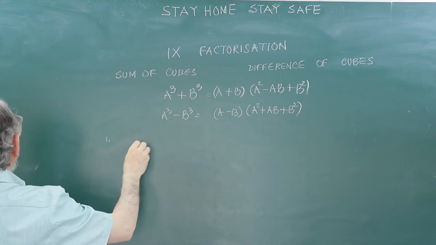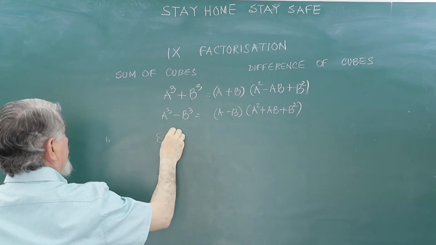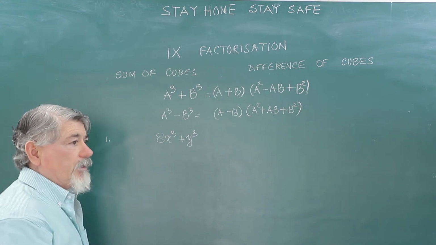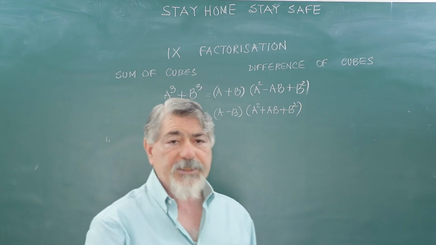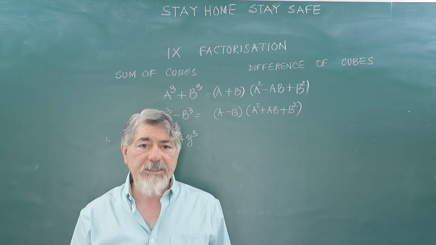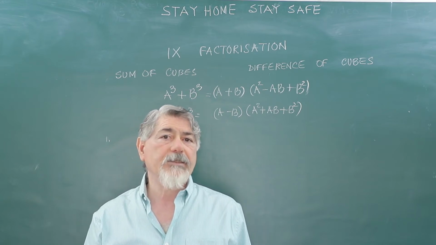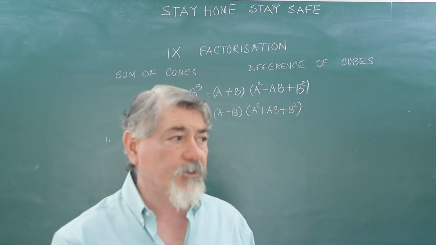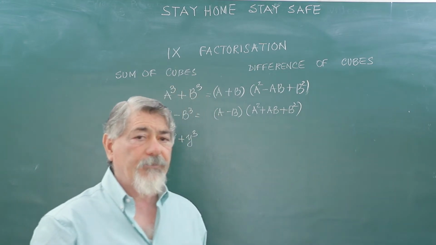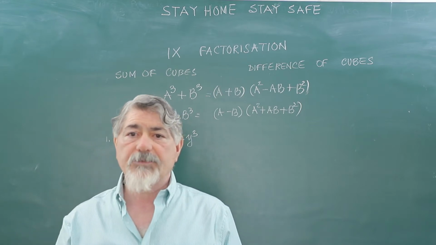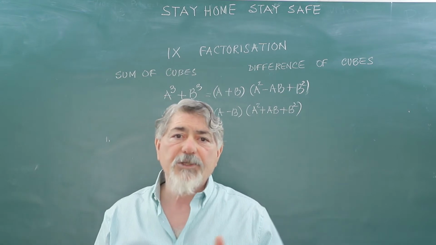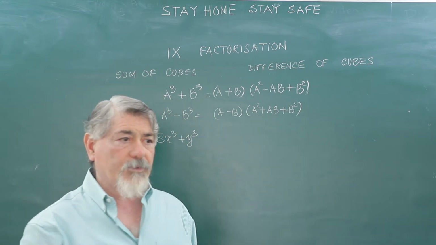For example, it is 8x cube plus y cube. Now we told you whenever you are asked to factorize, the first question which comes to your mind is how am I going to distinguish what kind of method I am going to employ to solve this question. The first thing we told you is to look for any possibility of taking anything common out of the terms.